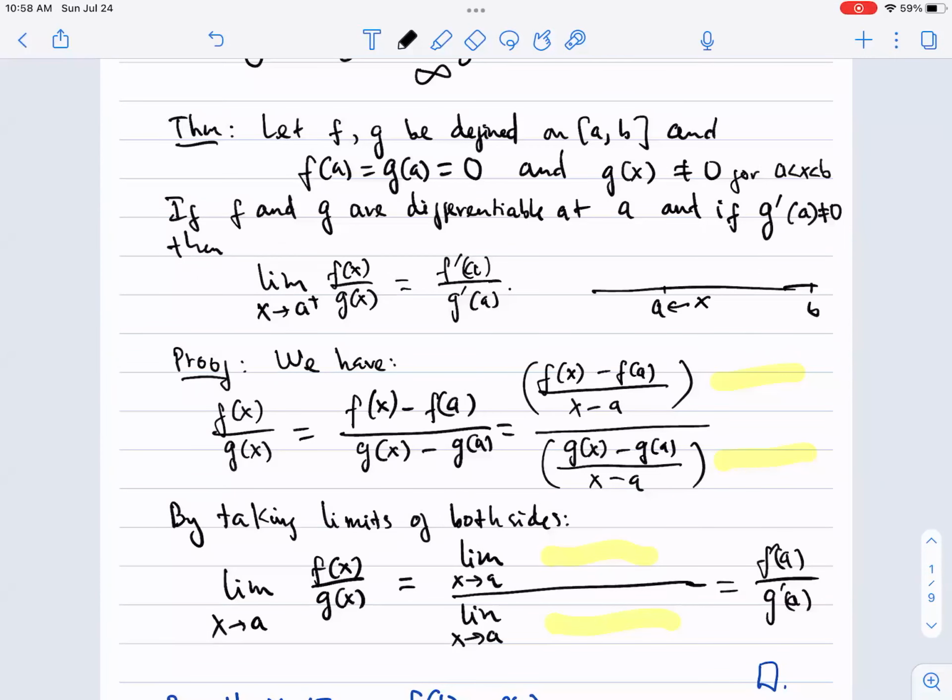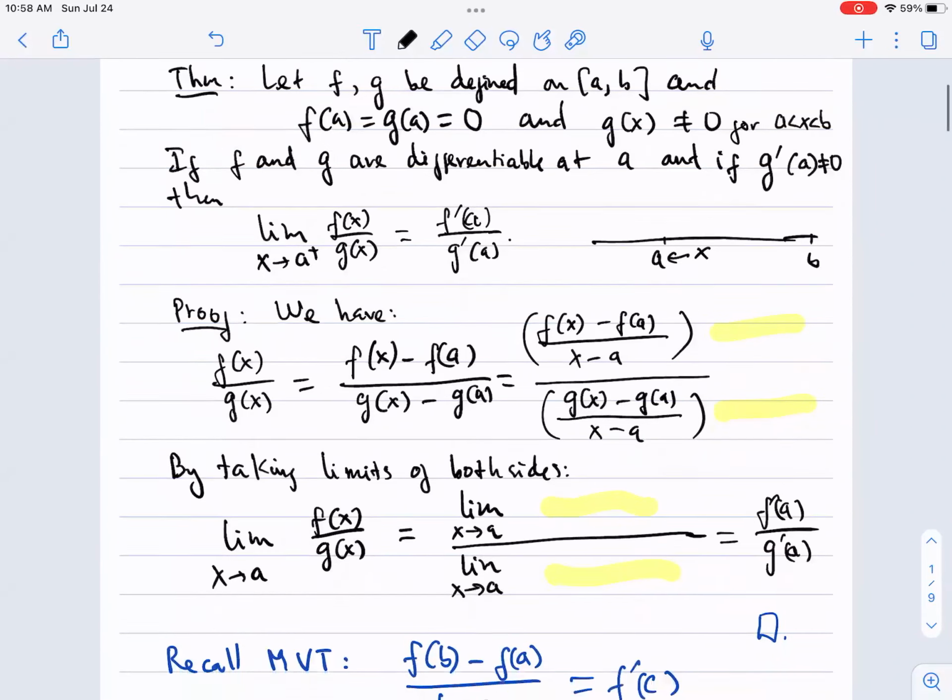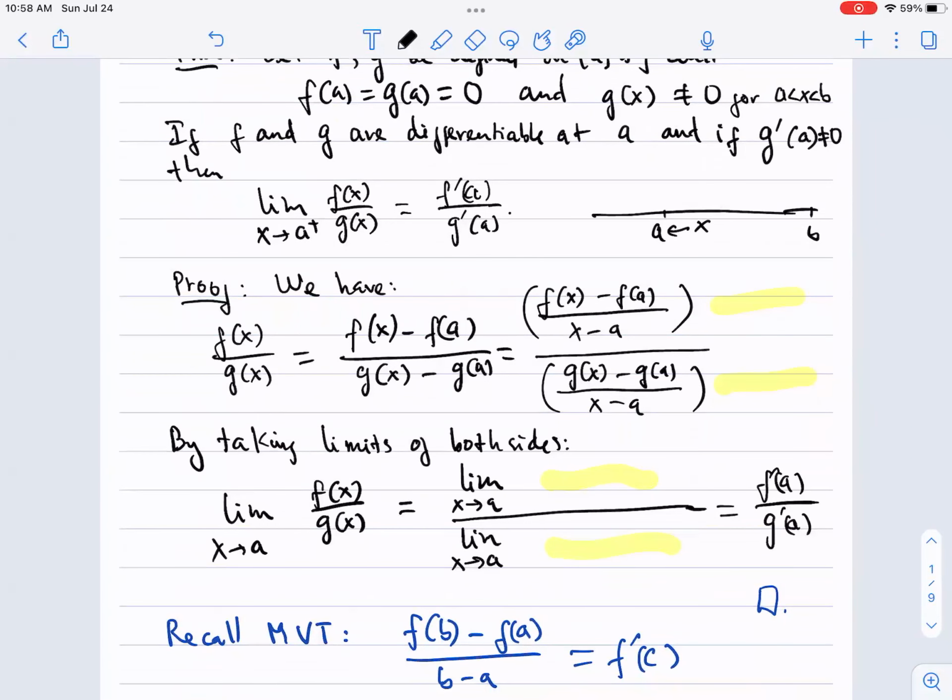The equality holds because f(a) and g(a) are equal to 0. So here we can rewrite this quotient as f(x) minus f(a) divided by x minus a as the numerator, and g(x) minus g(a) divided by x minus a as the denominator. That is, we divide both the numerator and denominator by the expression x minus a.